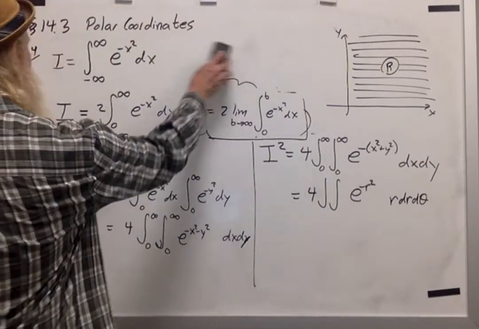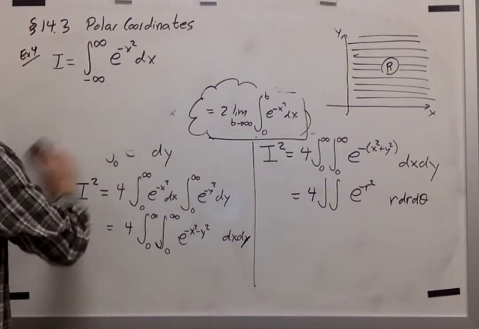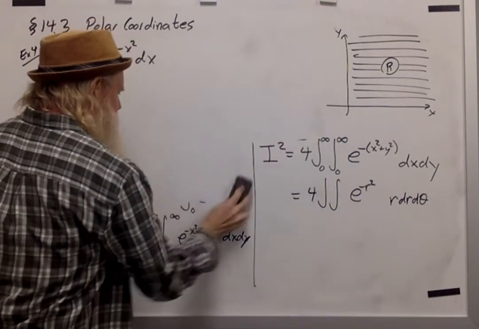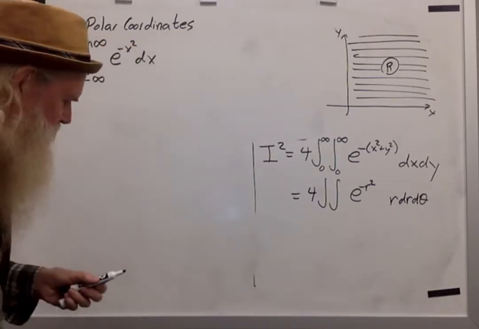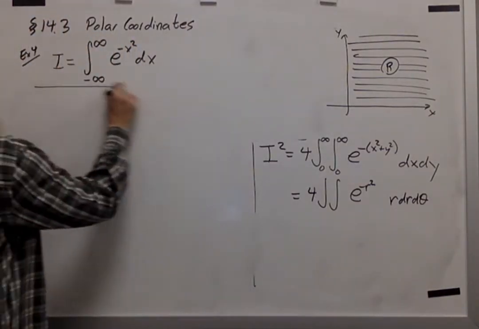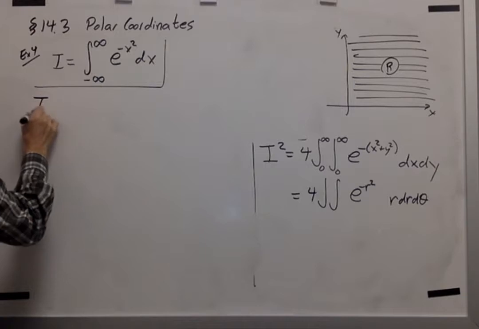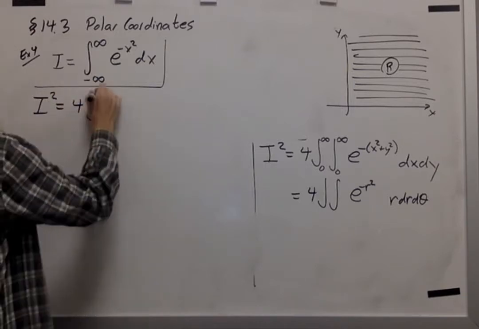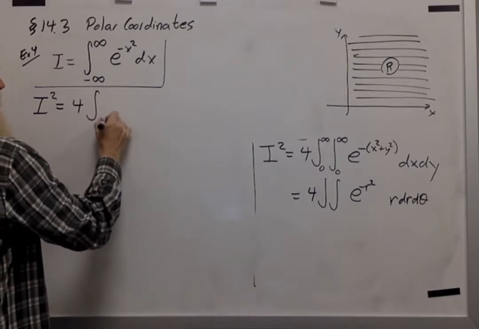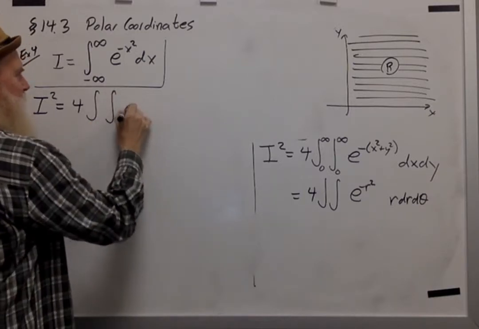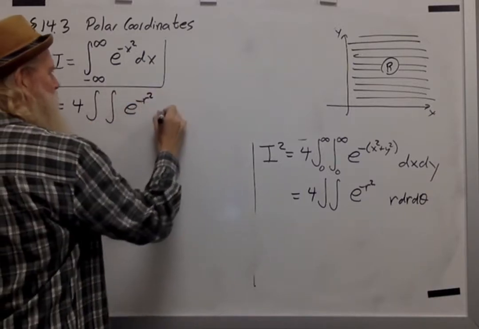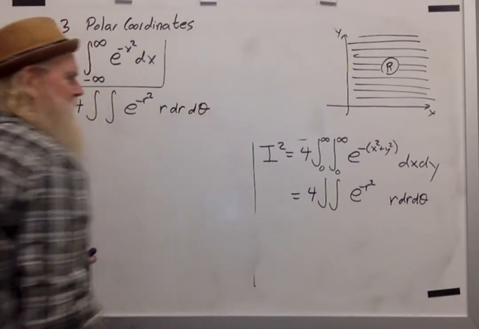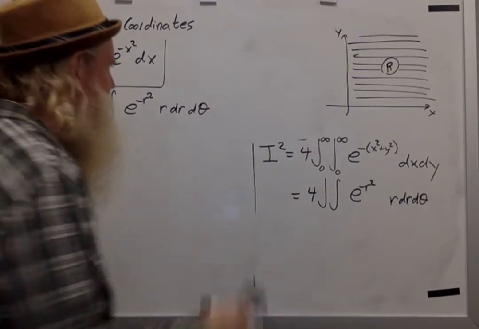Let me recopy what we've got so far. We have that I squared is equal to 4 times the integral of e to the negative r squared times r dr d theta. And let's set up our bounds.